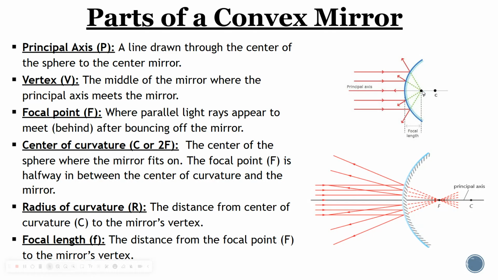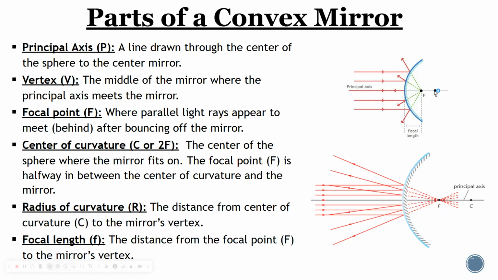That's your focal point. And then just like there was a center of curvature, there's also a center of curvature behind the mirror that's 2 times the distance of the focal length. So focal length would be this distance here from mirror to focal point, and then radius of curvature would be from mirror to center of curvature.